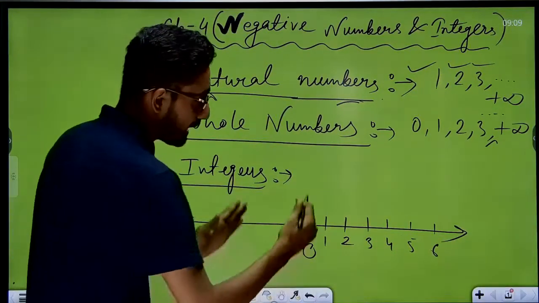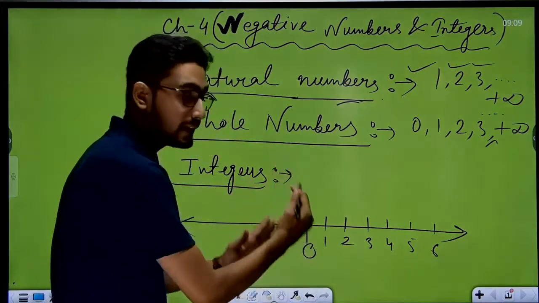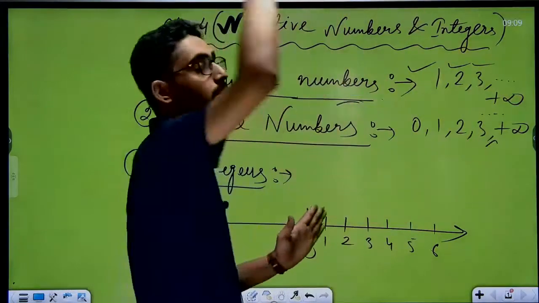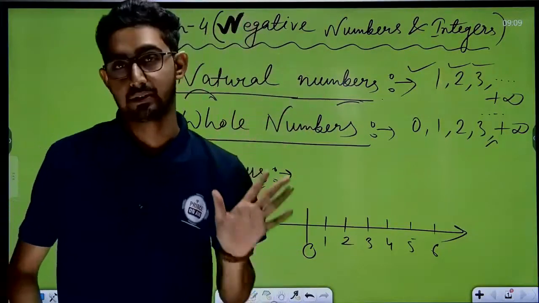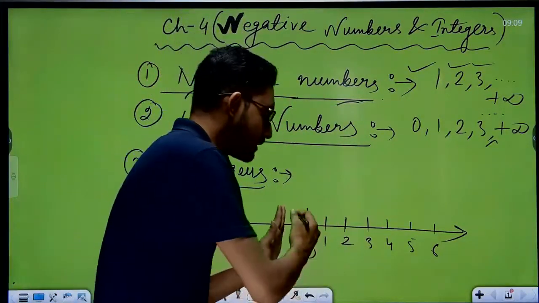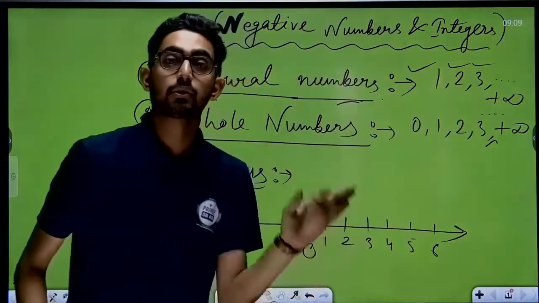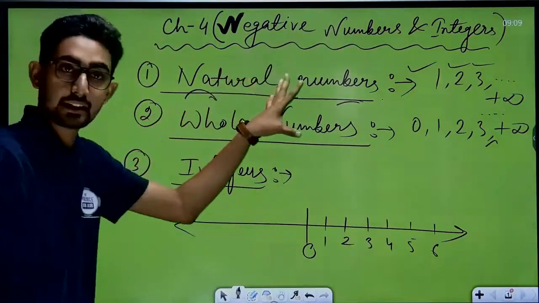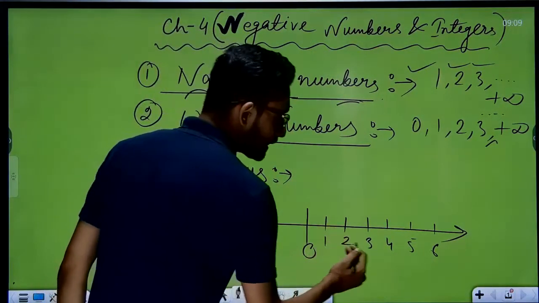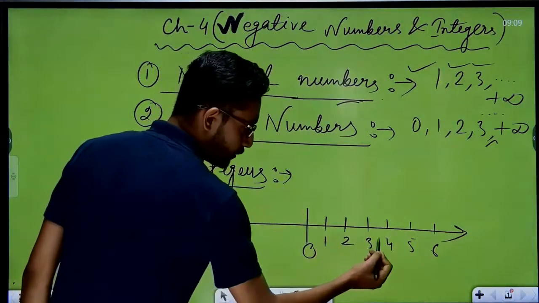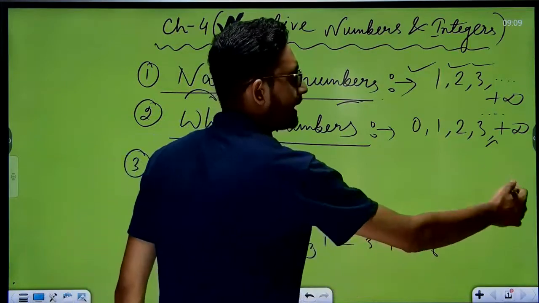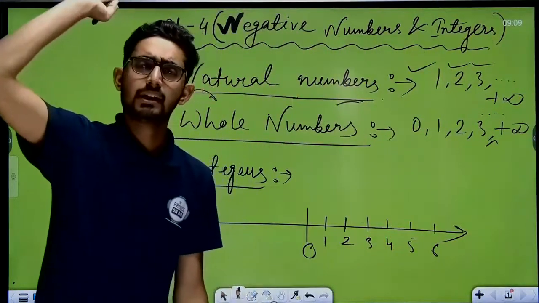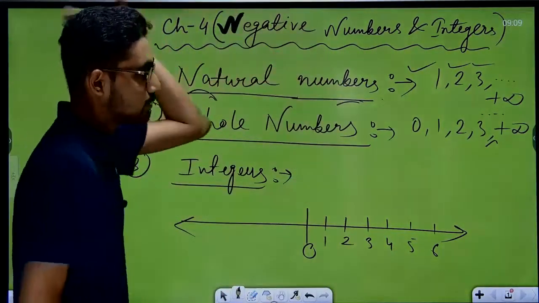That means the right side of 0, all the numbers are known as positive numbers, or we can say natural numbers. Look carefully, the numbers on the right side, 1, 2, 3, 4, 5, 6, 7, 8, 9 up to infinity, all these numbers are known as natural numbers.